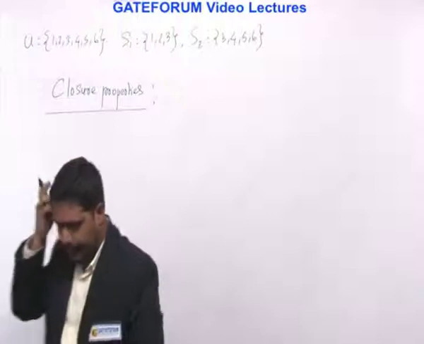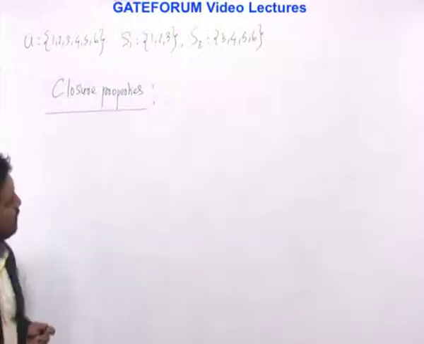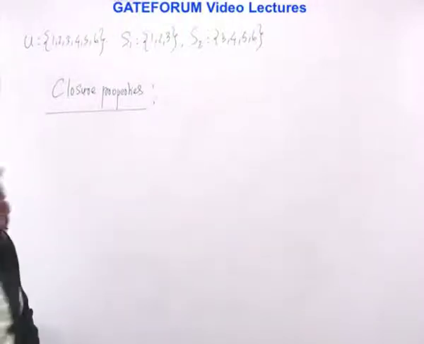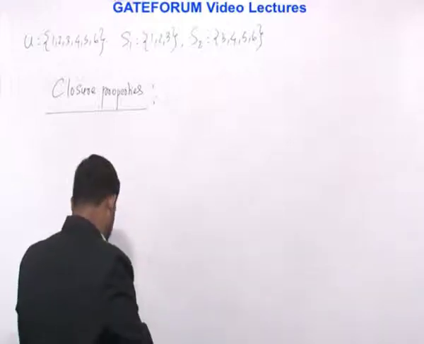The definition of closure property is very simple. It's about a set.